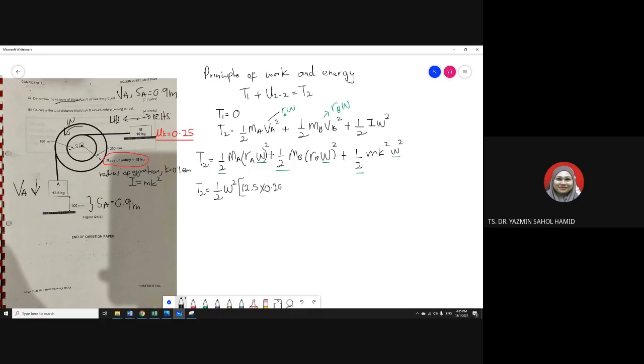Multiply by 0.25. Don't forget the square. Plus mass of block B, 10 kilograms, multiplied by 0.15 squared, plus mass of the pulley. What is the mass of the pulley? 15. Okay, good. What is the K? 0.16. Okay, 0.16 squared. Now calculate for me what is T2.